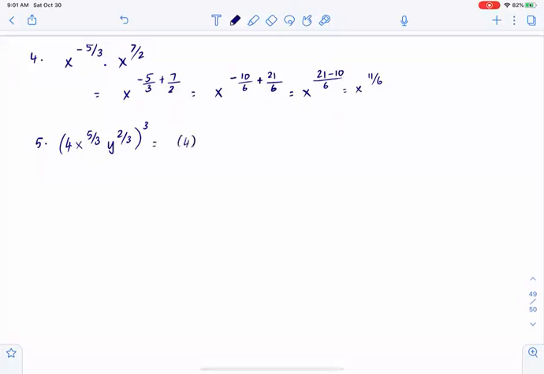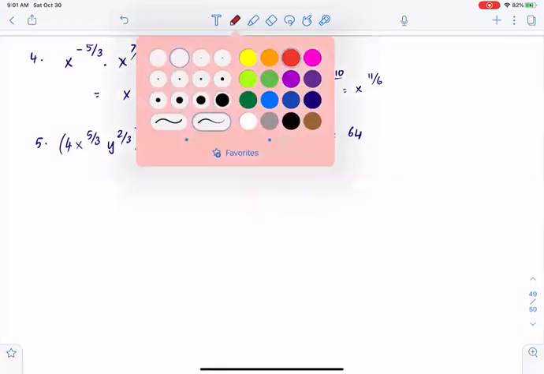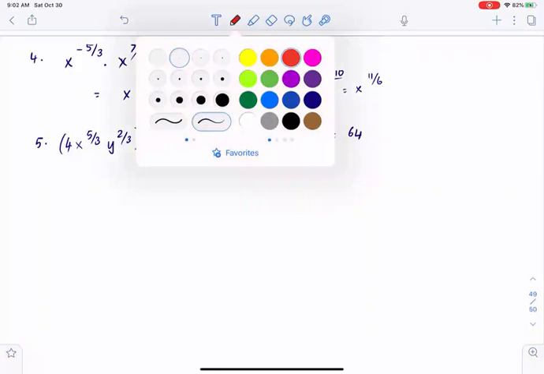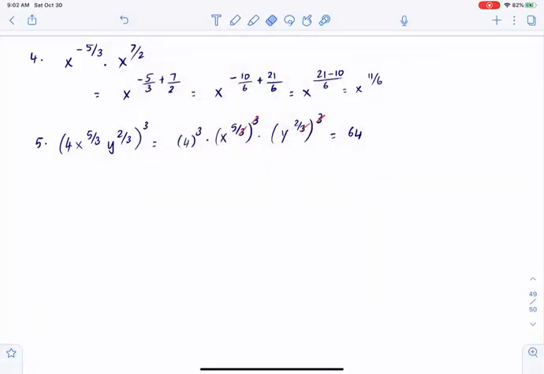So 4 raised to 3 times x raised 5/3 raised to 3 times y raised 2/3 raised to 3. 4 raised to 3 is simply 64. The 3 and the 3 will get cancelled there and there. So we will have x raised to 5 multiplied by y squared.